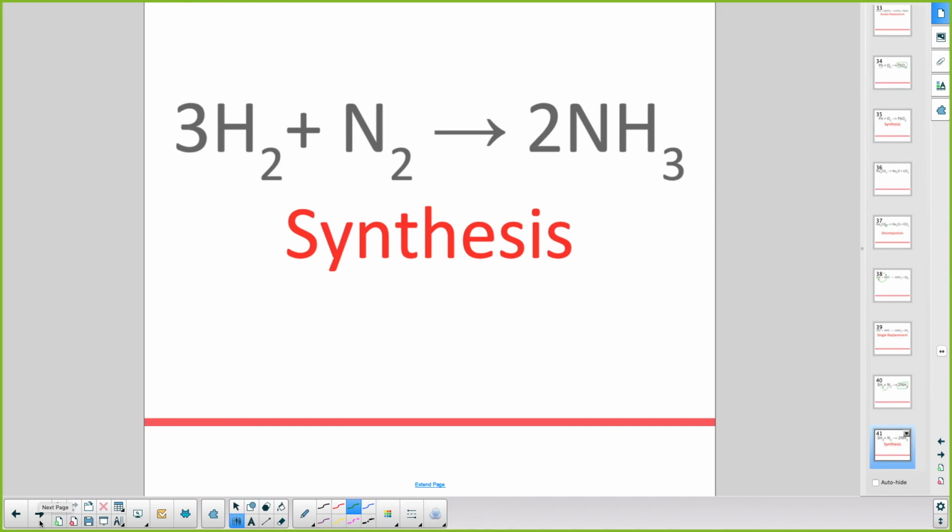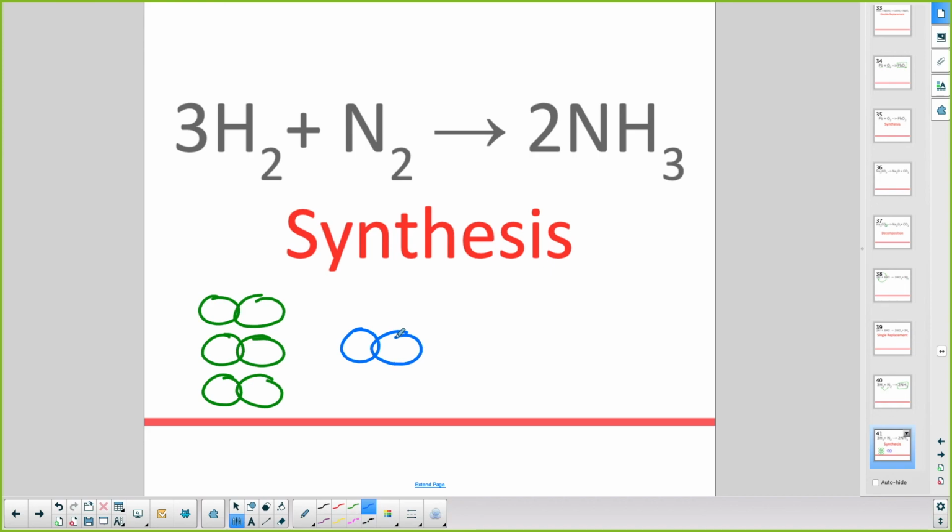Can you go back? All right. So it's 3H2. Good question, okay? Here's an H2. That's two hydrogens together. So 3H2 just means this is what it looks like. Then I have an N2, which just means I only have one of them. Here's N2.